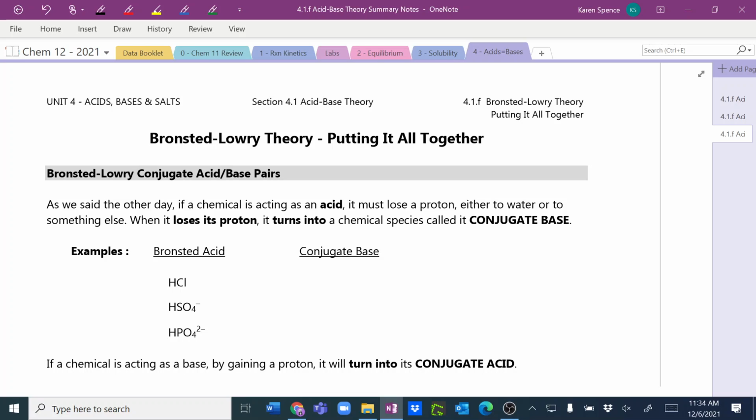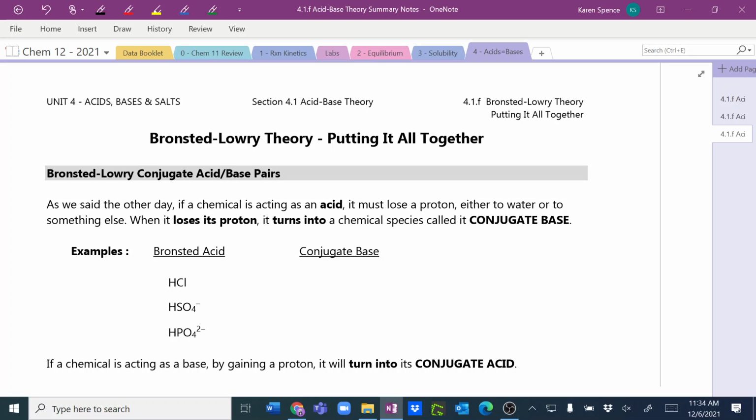So if a chemical is acting as an acid, what does it do with its proton? This is 4.1F, the stuff you just got today. Did we not watch the videos? We did.